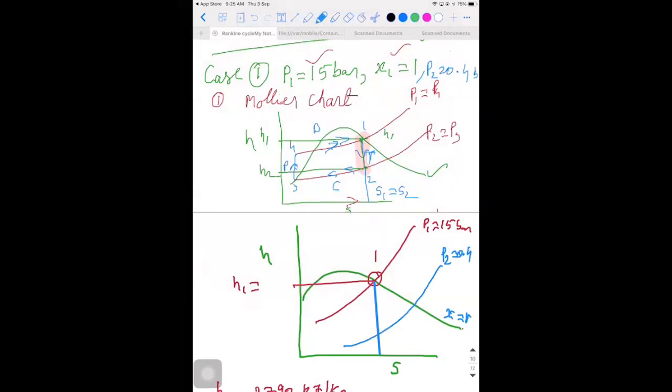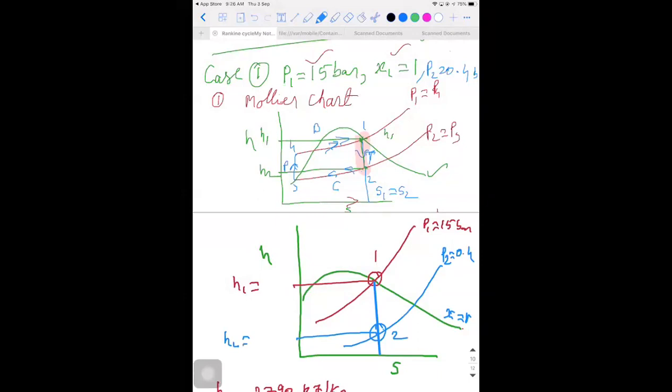So P2 is equal to the 0.4 bar line, I'm able to show you. Now the intersection of this and this is going to be my point 2. You try to draw this horizontal line. You measure this value, which is H2. So you got the state 2.